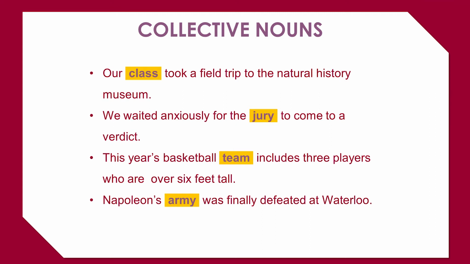Our class took a field trip to the Natural History Museum. He waited anxiously for the jury to come to a verdict. This year's basketball team includes 3 players who are over 6 feet tall. And finally, Napoleon's army was finally defeated at Waterloo.